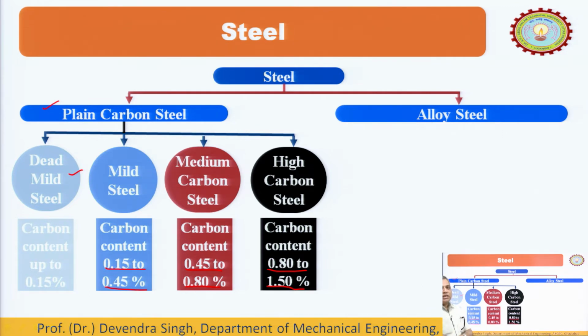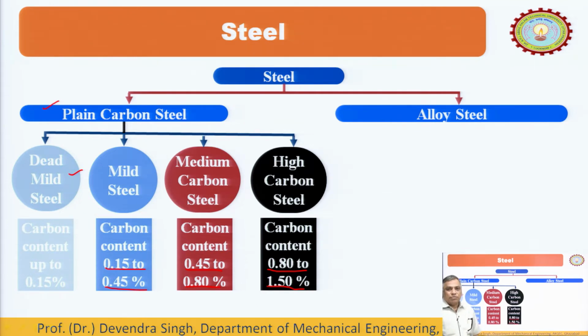Then the second category is alloy steel, where we have the carbon and iron alloy, manganese is there, and some other chemical elements we add to get the enhanced mechanical properties or desired properties in the steel for our application.